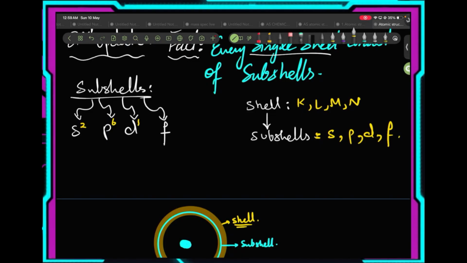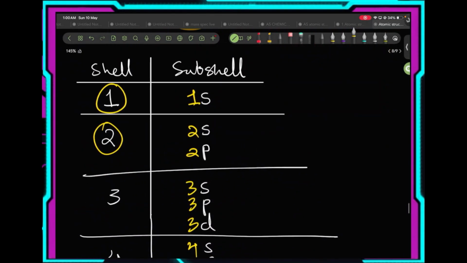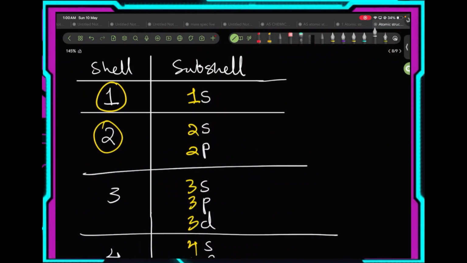The D subshell accommodates 10 and the F subshell accommodates 14 electrons. So quickly memorize this. S can accommodate 2 electrons, P a maximum of 6 electrons, D a maximum of 10 electrons, and F a maximum of 14 electrons. So 2, 6, 10, and 14. Done?